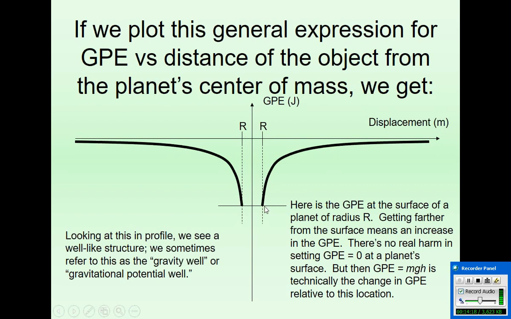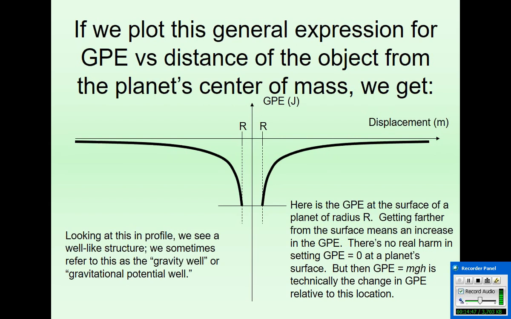So if we reset and, for the sake of convenience, just make zero gravitational potential energy at the surface of the planet, then you can say above the surface of the planet you have positive gravitational potential energy, and if you dig a hole into the surface you would be at negative gravitational potential energy. And right at the surface you would have zero gravitational potential energy.